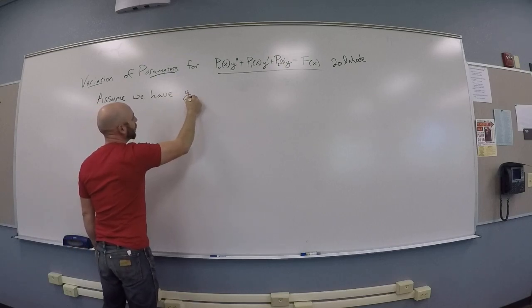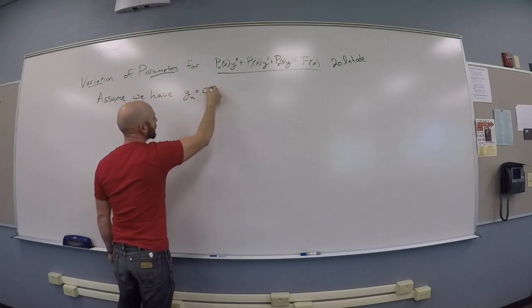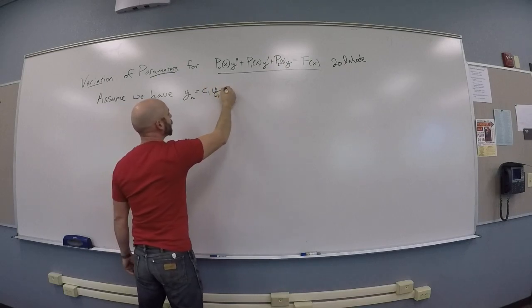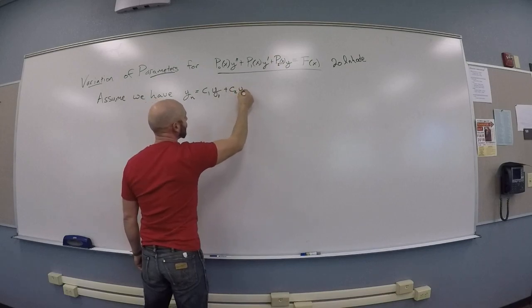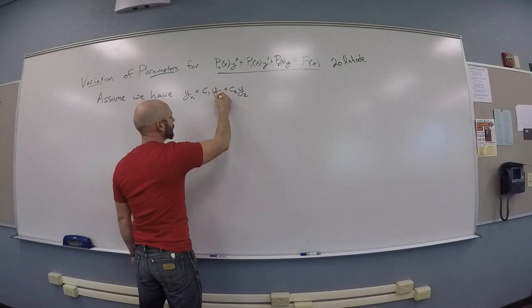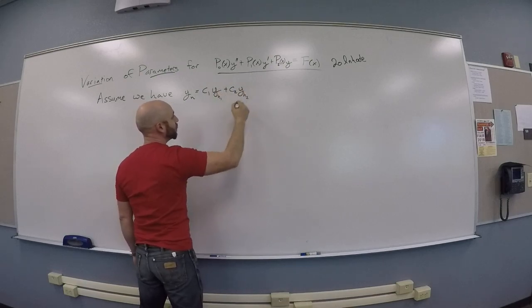I'm going to assume that we have a y homogeneous that looks like C1 y1 plus C2 y2. Really, I should put some h's on those, so I'm going to write yh1 and yh2.